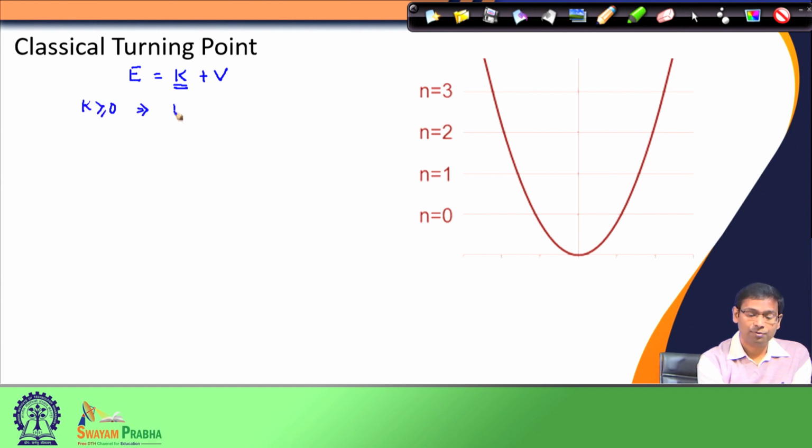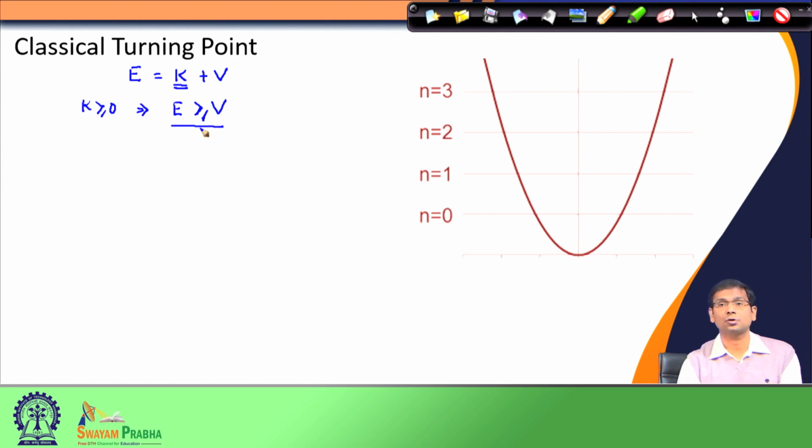Therefore, the total energy is greater than or equal to the potential energy of the harmonic oscillator. At most it can become equal; in all other cases the potential energy is always lower than the total energy.